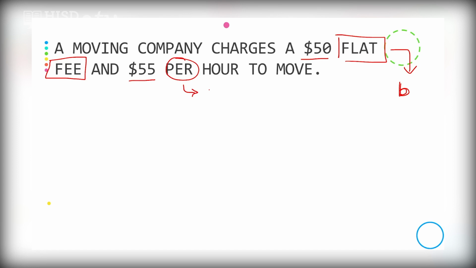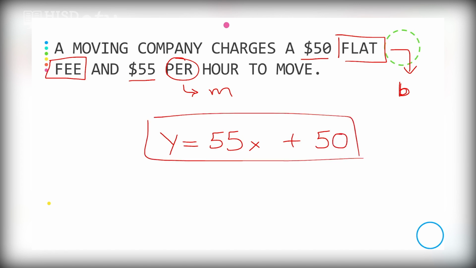So that means that this is going to be the unit rate. And now that I found the m and b, I can construct my equation of the line, which is going to be y equals mx plus b. Now we know m is 55, so 55x plus b, which we know is 50. And this is how you take the verbal description and use it to find the equation of a line.